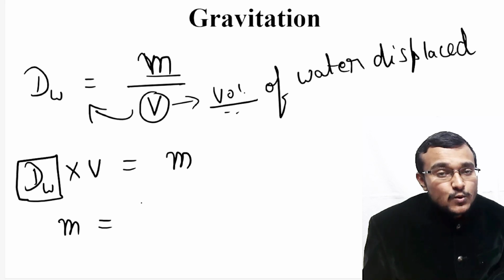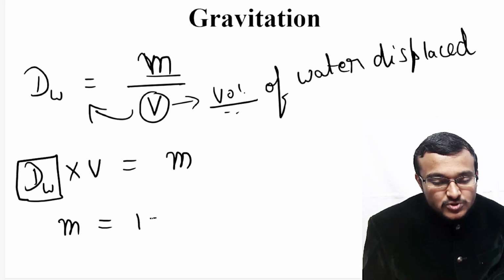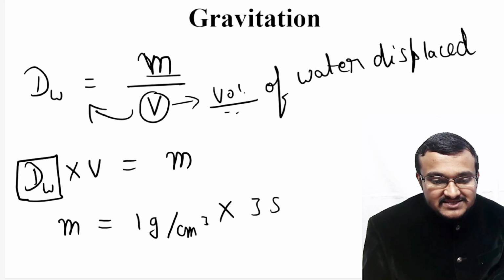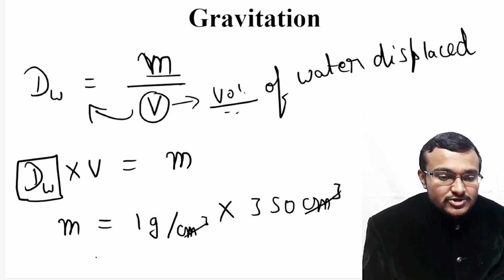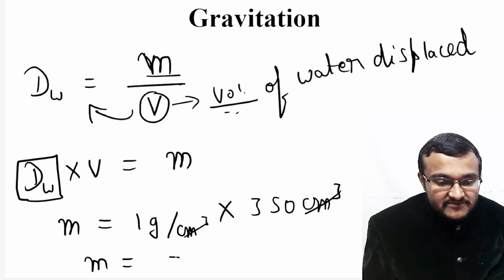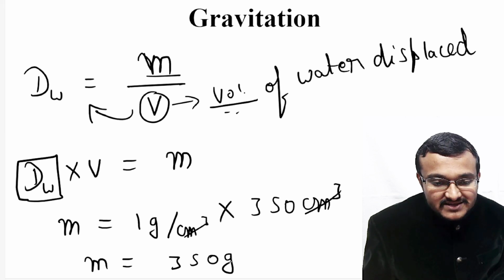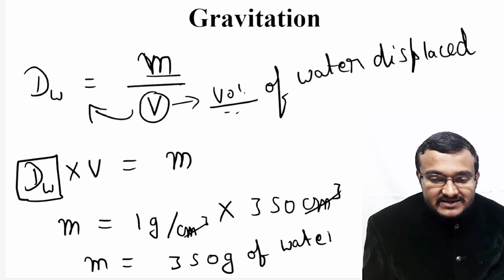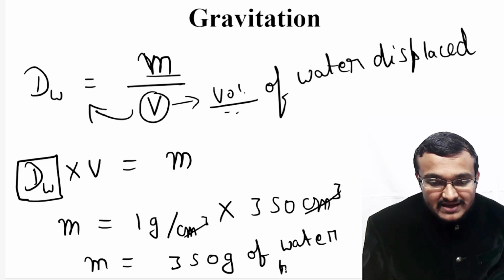Density of water is 1 gram per centimeter cube, into the volume of water displaced, that is 350 centimeter cube. Here centimeter cube gets cancelled with each other. So mass is equal to 1 gram into 350, so that is 350 gram. So 350 gram of water has been displaced.